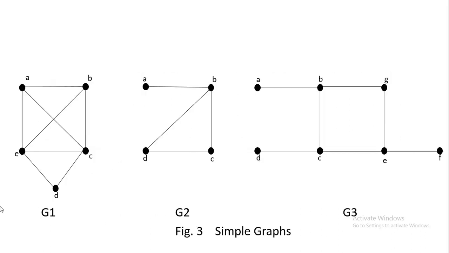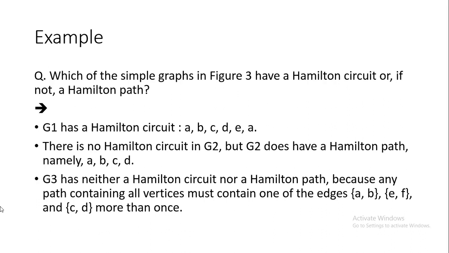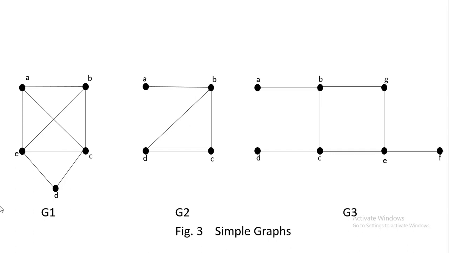Then G3 has neither a Hamiltonian circuit nor a Hamiltonian path, because any path containing all the vertices must contain one of the edges AB, EF and CD more than once. So the condition of the Hamiltonian path and circuit is violated here. So in this graph G3, we can't find any circuit or path.